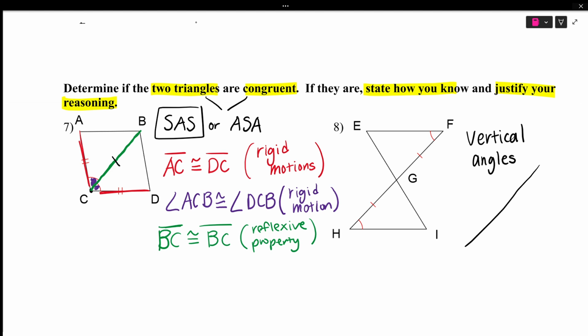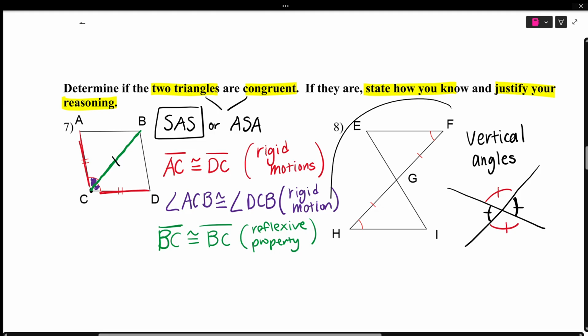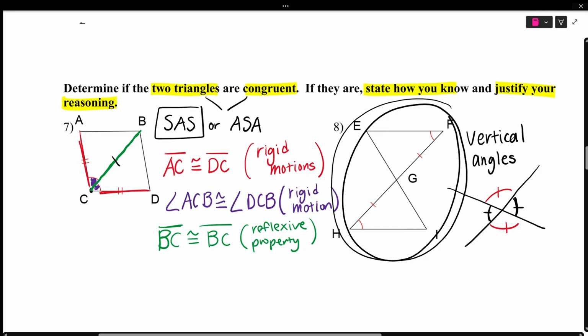Whenever we have an X shape like this, the angles that are opposite from each other, these two angles right here, are congruent, and the other two angles are congruent. Angles that are opposite from each other are always congruent. They're vertical angles. So you need to know how to apply that in this problem. Okay, so try that out.